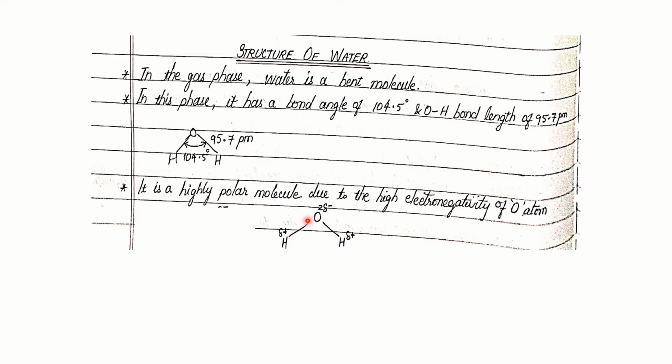So the electron density will shift towards oxygen atom. As a result, oxygen carries a partial negative charge, and each hydrogen atom carries a partial positive charge. Okay, so that is why water behaves as a highly polar molecule.